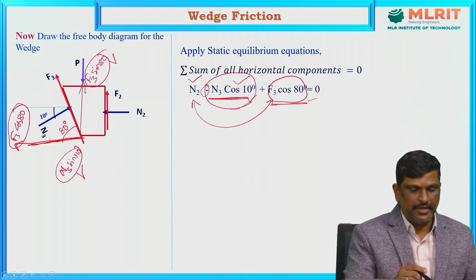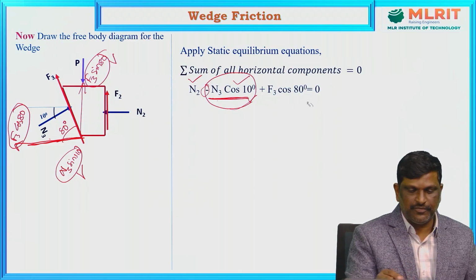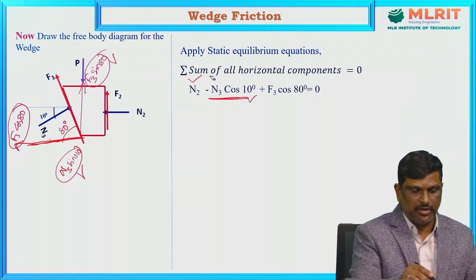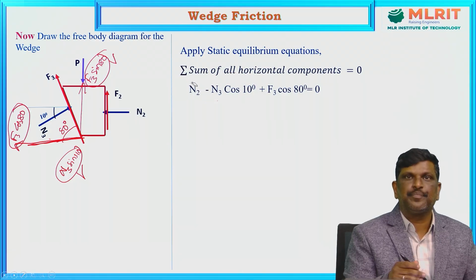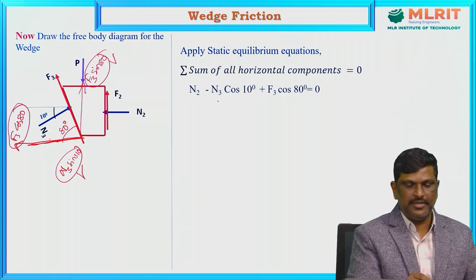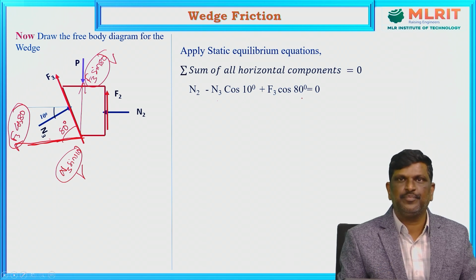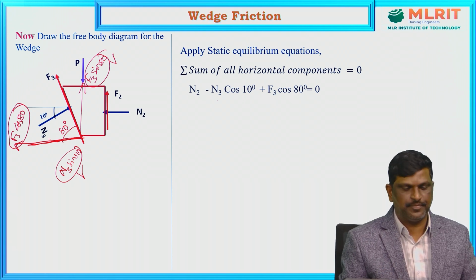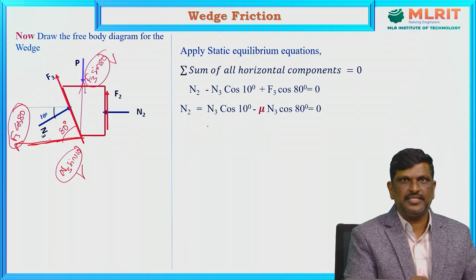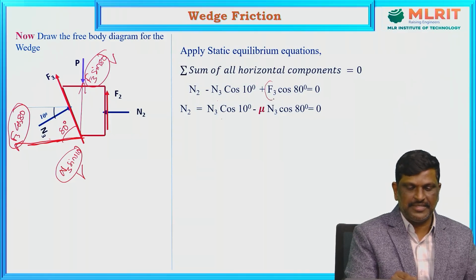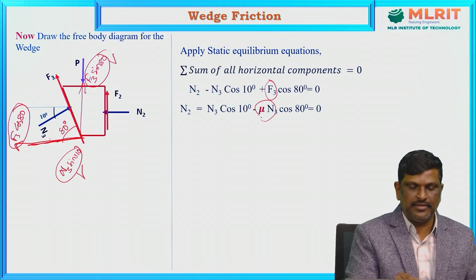Okay. The final equation for the sum of all horizontal components is N2 minus N3 cos 10 plus F3 cos 80 is equal to 0. Now N2 is equal to N3 cos 10 minus F3 cos 80. I am replacing F3 by mu N3.